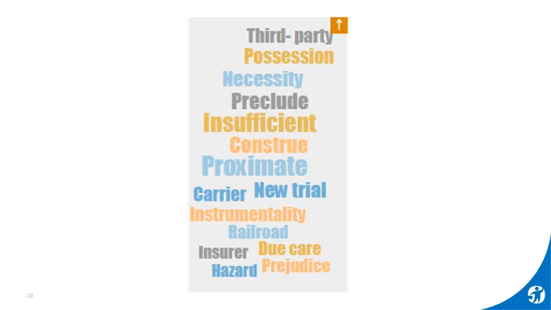If you want to go down the rabbit hole, more on necessity or more on railroad even, or due care, and you know that's your particular issue for this search, it's another way to narrow your search and get a better understanding of the way that particular term of art in this case is relevant. Plus, it's just cool looking. I have to admit, it's a very cool looking picture there.